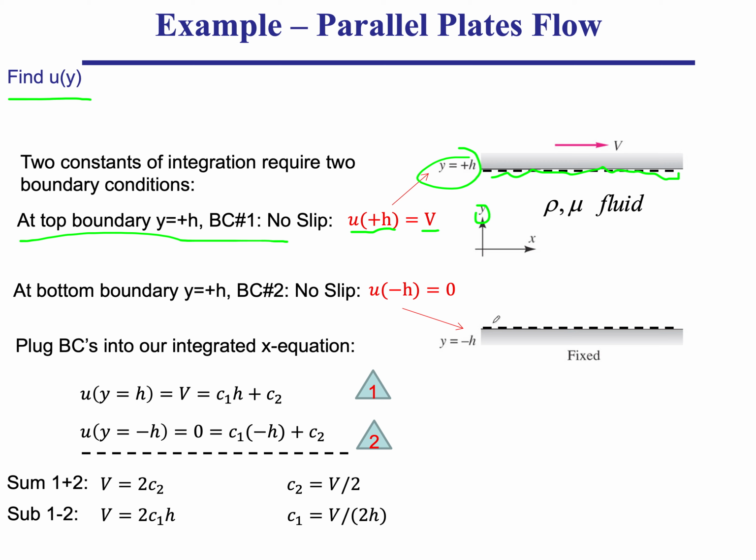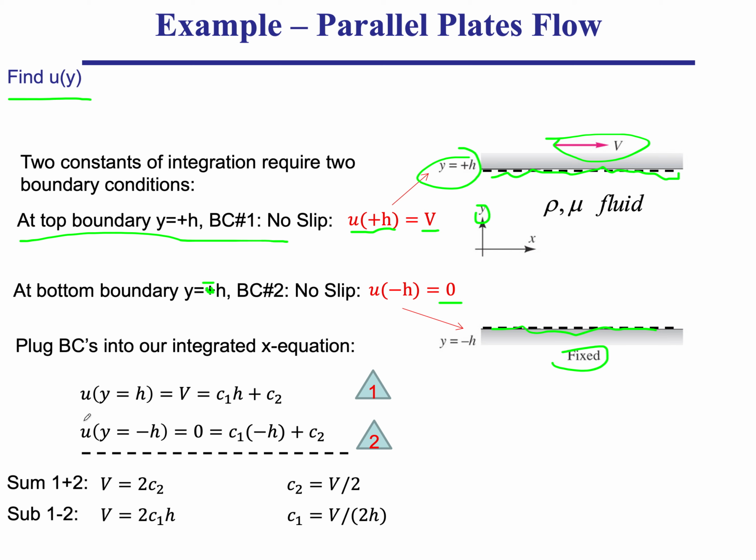It's V. And if I now take the bottom boundary, y equal minus h, another typo, that's minus h. I also have no slip because it's a solid boundary, but my wall is fixed. It's not moving like the top wall. So I get a velocity of 0.